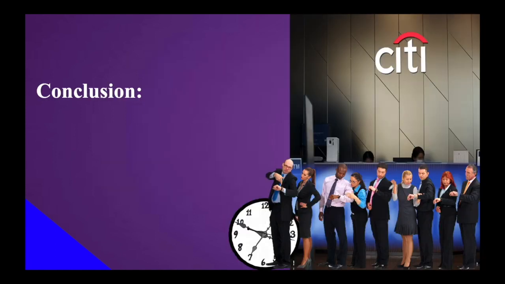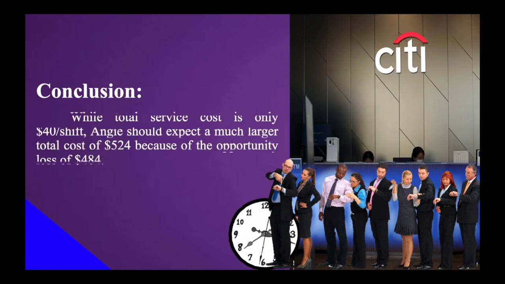Okay? So, for our conclusion on these two problems na binigay ko sa inyo, using the Citibank as our example, while total service cost is only $40 per shift, Angie should expect a much larger total cost of 524 because of the opportunity loss of 484.